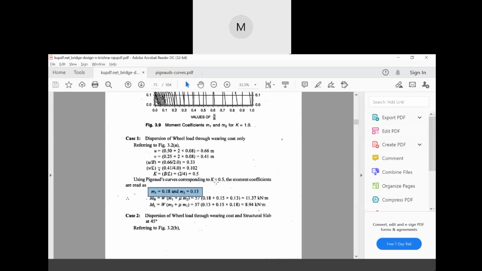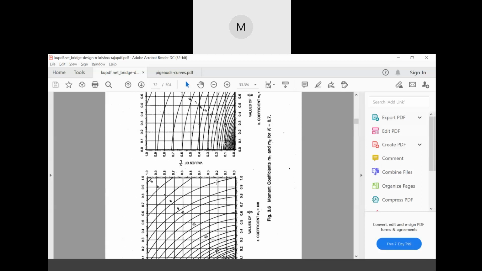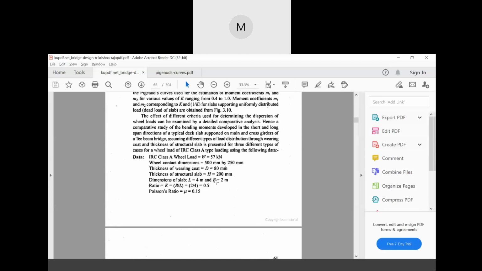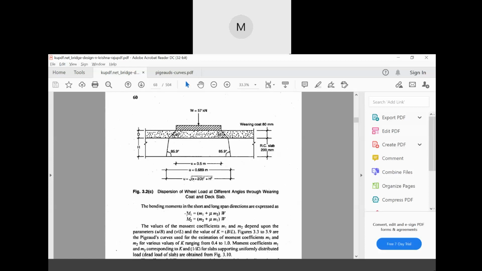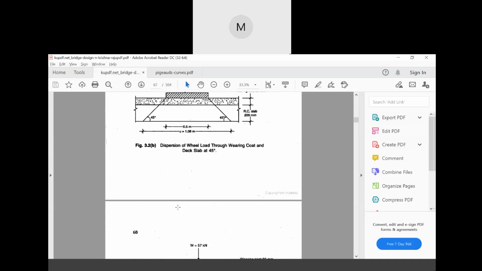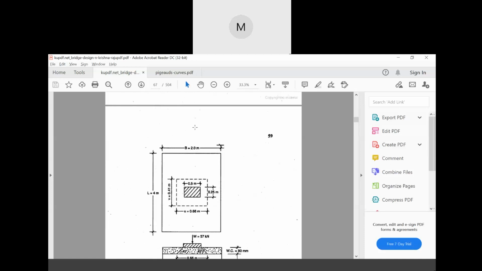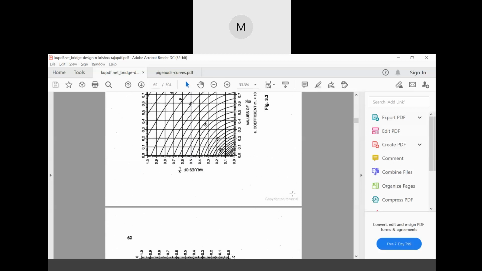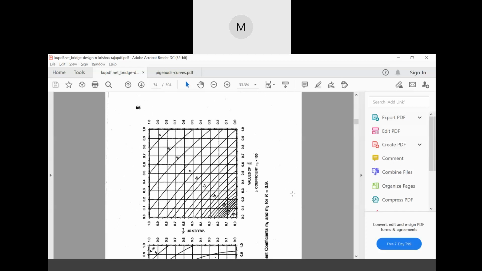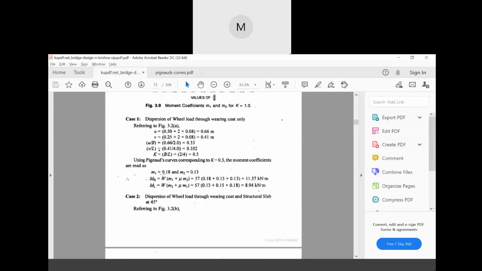MB is bending moment along the direction B, and ML means along L. Now B and L, this is given. Now if you are finding it out along B and along L, how will you find it out? This formula, W into small m1 plus mu into m2.